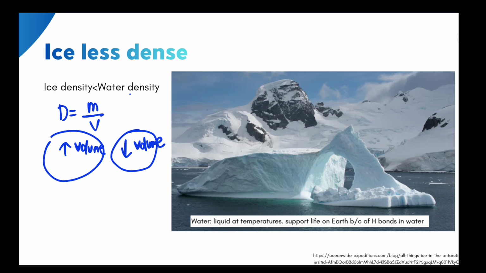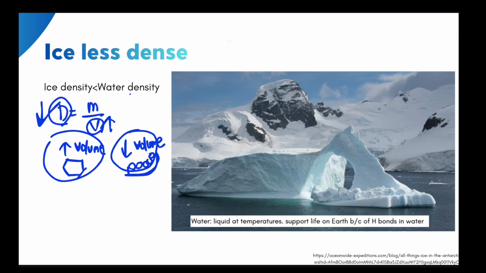That's because in ice, the hydrogen bonds are very widely spread, unlike water, where they want to stick to each other. That's why the volume increases and then the density decreases.